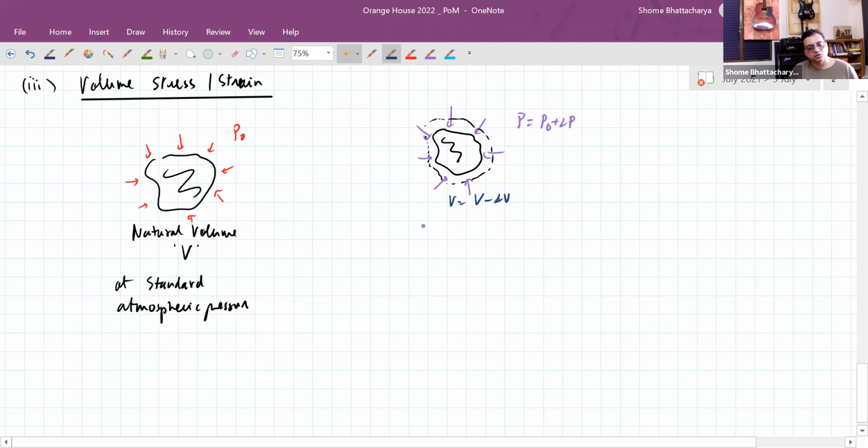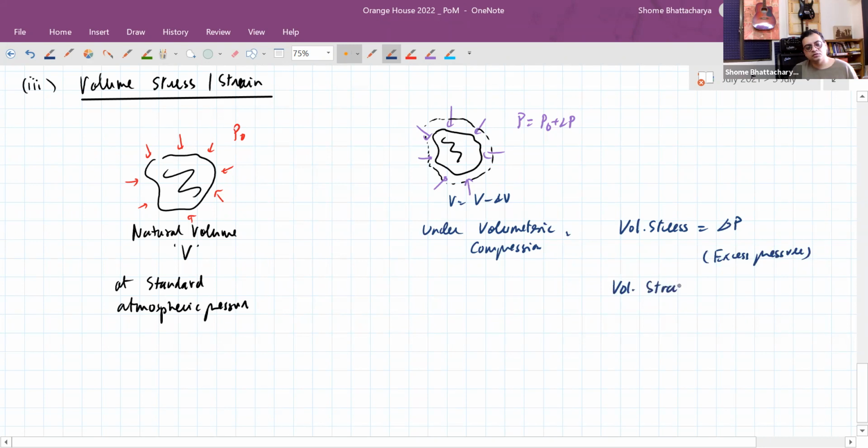So it is under volumetric compression. So the volumetric stress is defined as the excess pressure, whereas the volumetric strain is defined as the change in volume upon original volume.